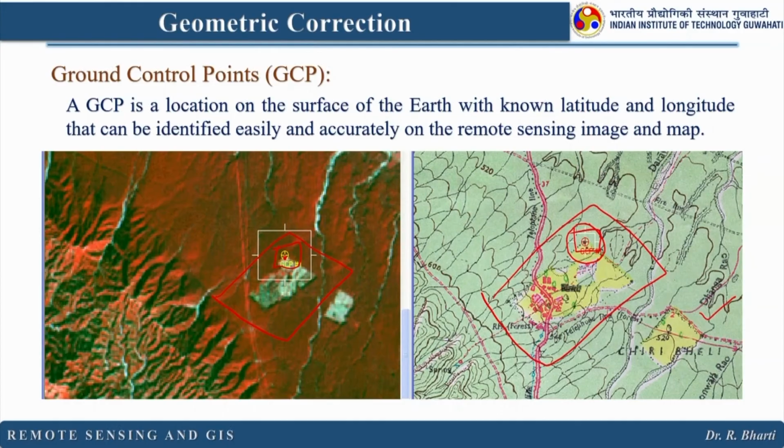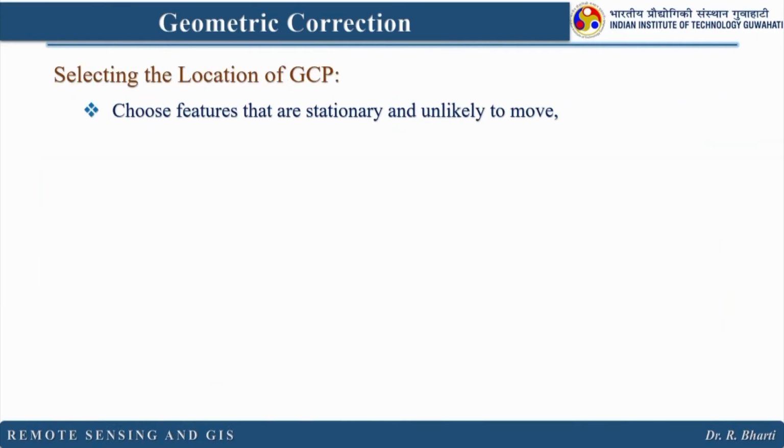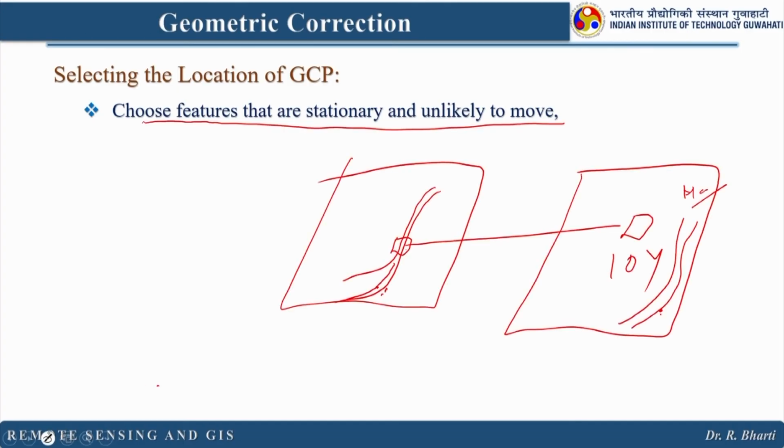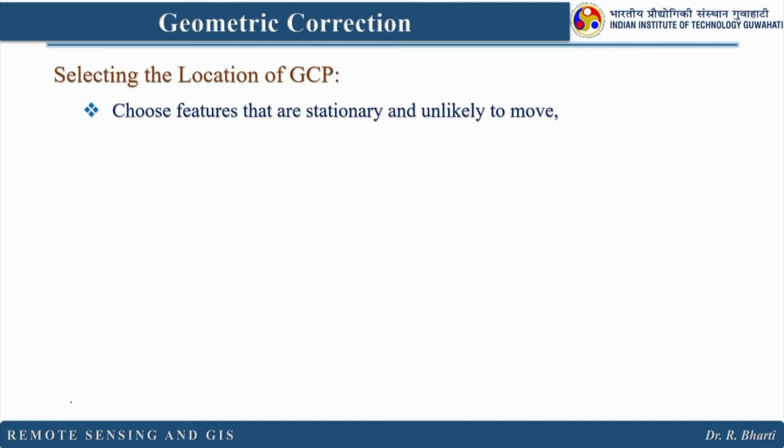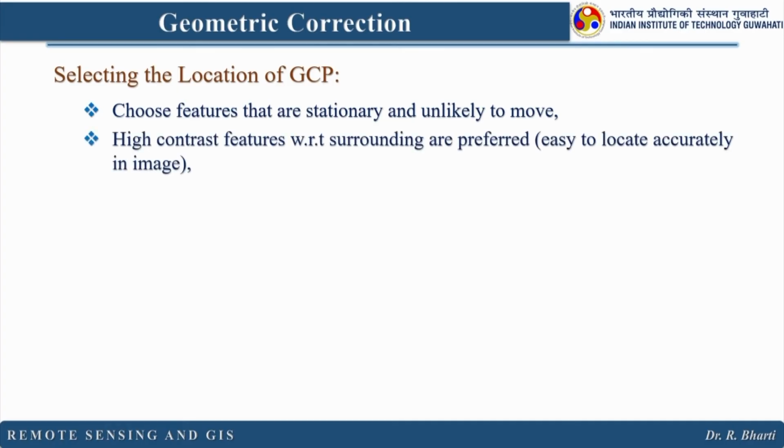So how do we select GCPs? Choose features that are stationary and unlikely to move. So you need to find objects which are not going to move with respect to time. Use high contrast features, those which are easily identified on your image.